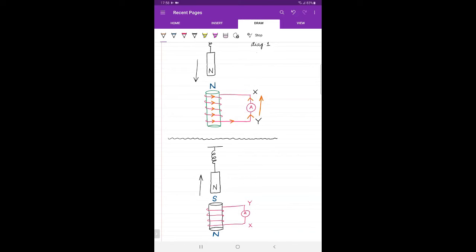Point your thumb towards the bottom of your screen and then see the direction in which your fingers are curling. And if you allow me to mark that direction on this diagram, I'll do that. तो तुम लोग जरा चेक कर लो.